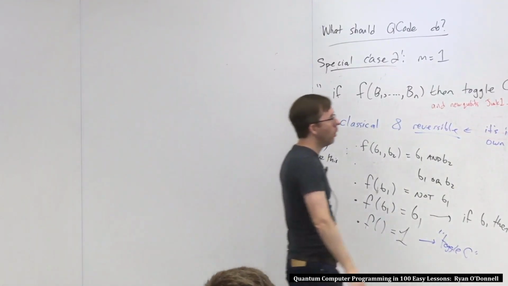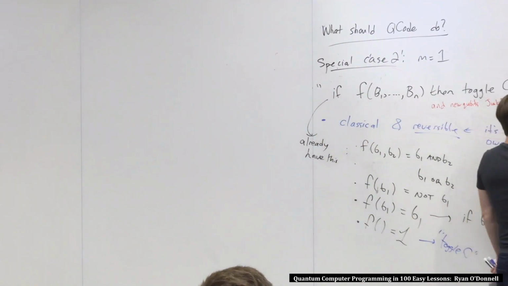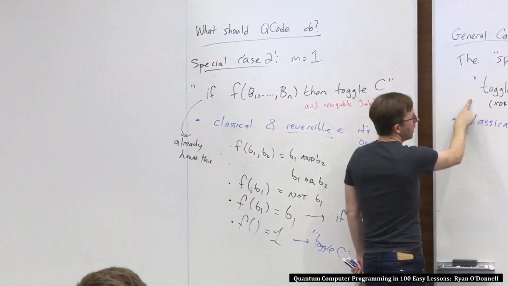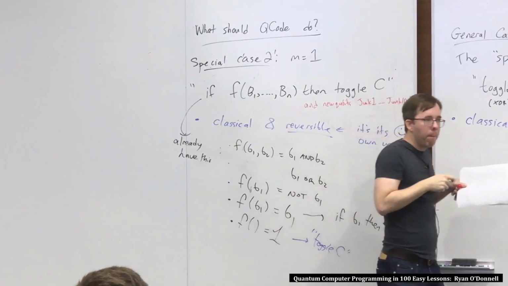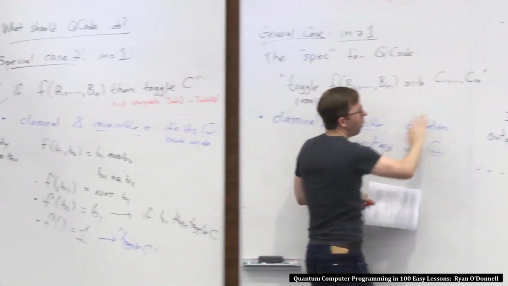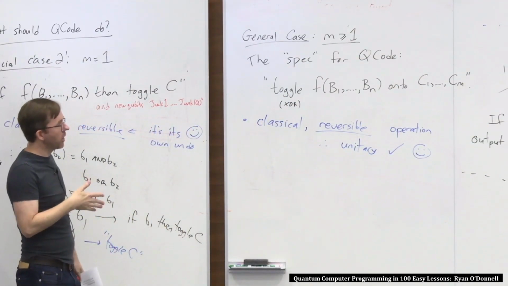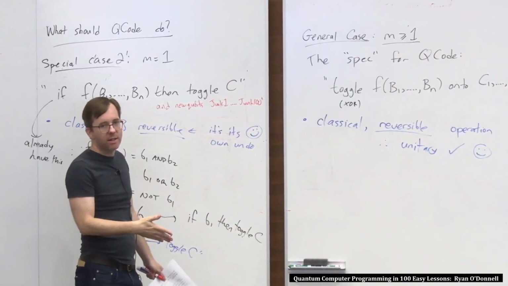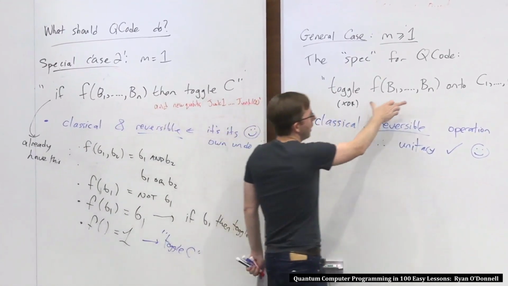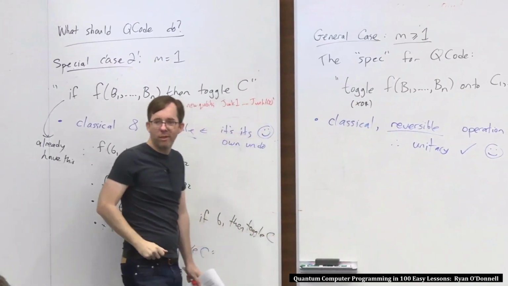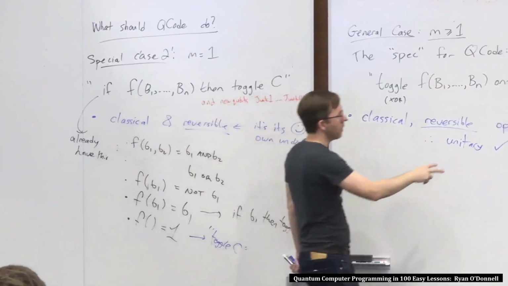90% of the time when we use this, you might think this spec is kind of weird, but we're going to have C1 through Cm all set to 0. And what happens in the special case where C1 through Cm are all set to 0? Well, you toggle the correct answer onto all these zeros. It's just like setting these bits to the correct answer.